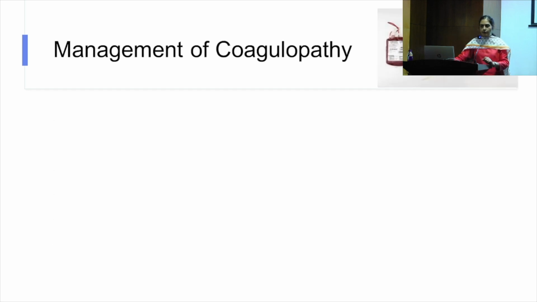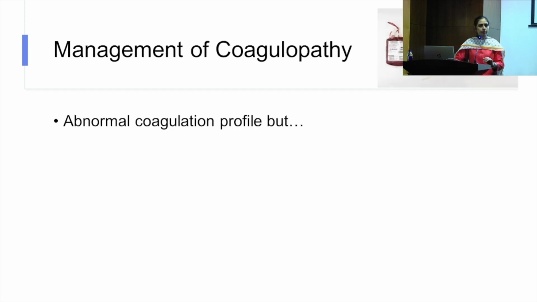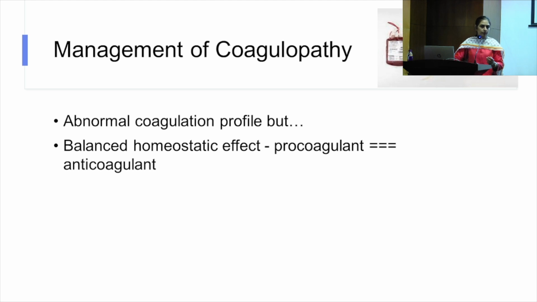What about management of coagulopathy? Abnormal coagulation profile is one of the criteria for ALF, but are you going to correct? No, because there is the term called a balanced hemostatic effect. That means the procoagulants and the anticoagulants are actually balanced out in a case of acute liver failure. So it is not indicated routinely to correct your coagulopathy.